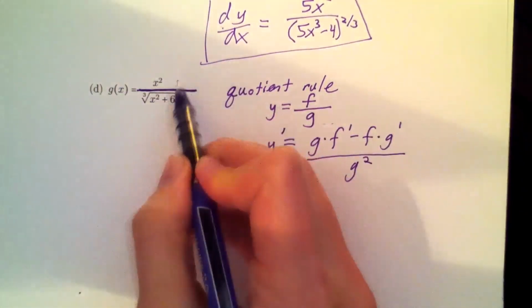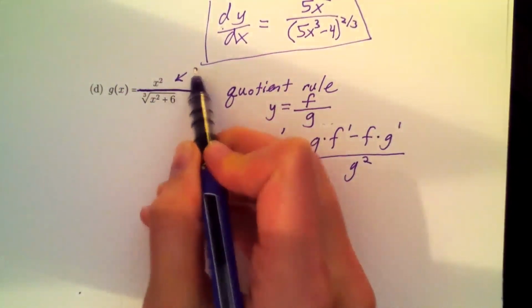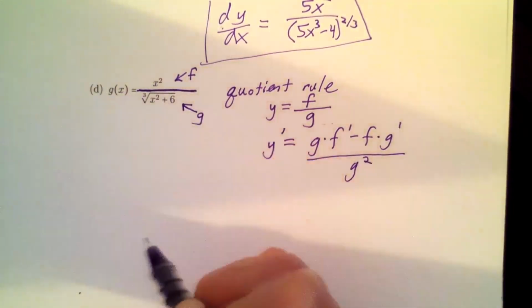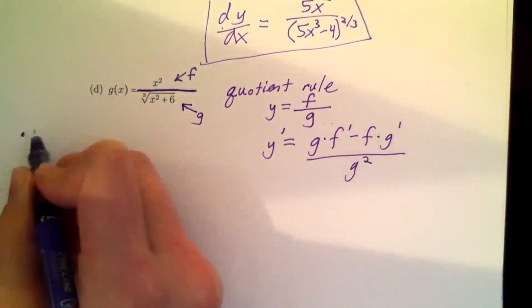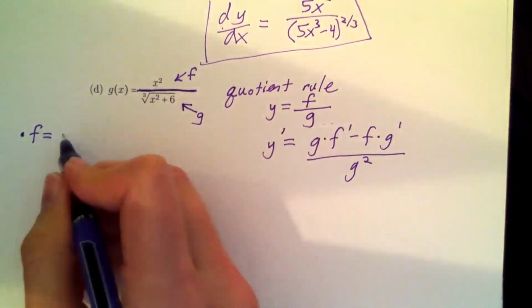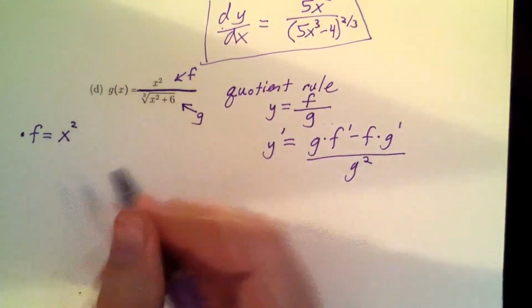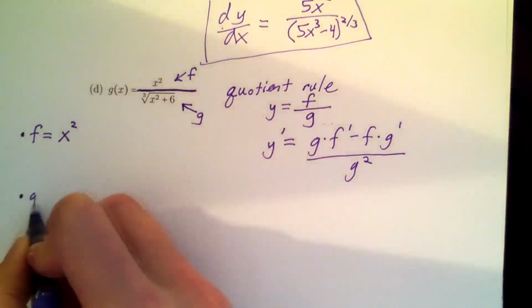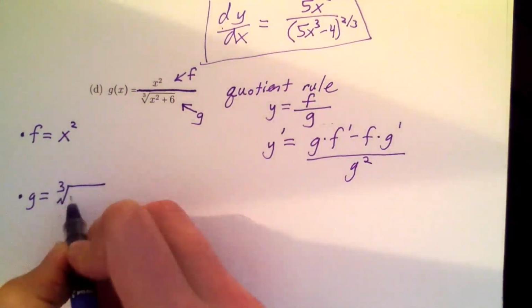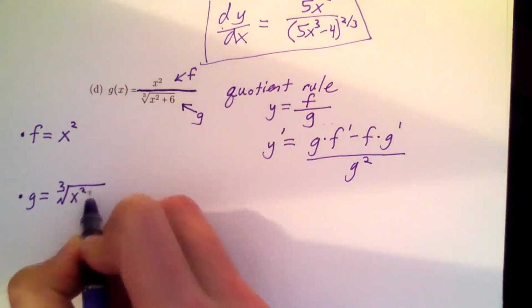For a quotient rule, the numerator is always the function f, and the denominator is always the function g. So let's come over here to the side and make a list. f, the numerator, is x squared, and g, the denominator, is cube root of x squared plus 6.